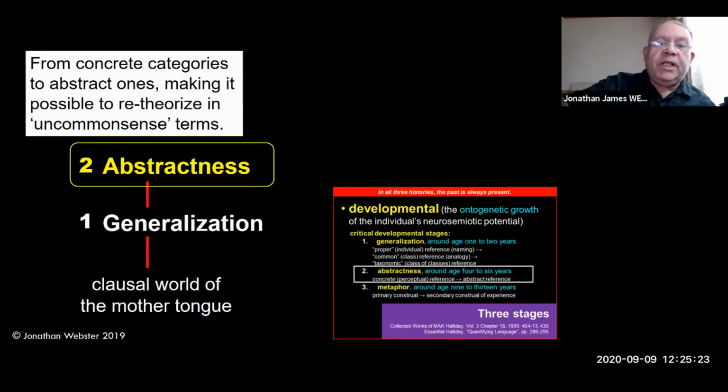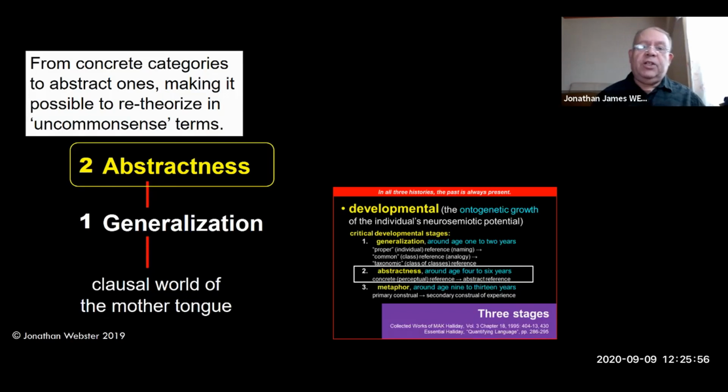From concrete categories to abstract ones, it's now possible to re-theorize in uncommon sense terms. This is big. We can talk in terms of not just concrete categories, big and small. We can talk about an abstract one, size. And you moved into that around age 4 to 6.